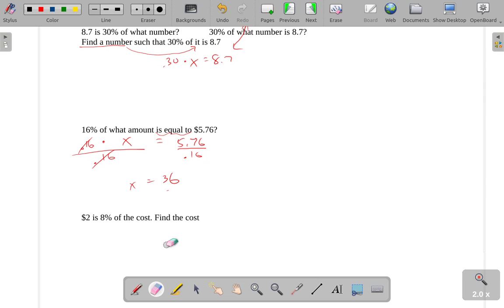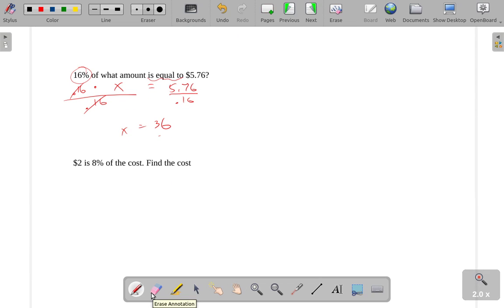That sounds roughly reasonable to me. 10% of this would be $3.60. Well, we're talking about more than 10% because we have 16% here. And, you know, $3.60 going up to $5.76, it's a little bit more than the $3.60 that 10% would give you. Again, the point of using 10% is just because it's really easy to calculate and get a good feel for the magnitude of the number.